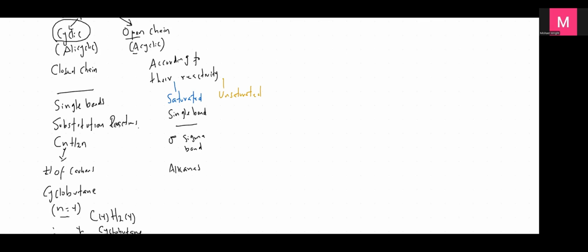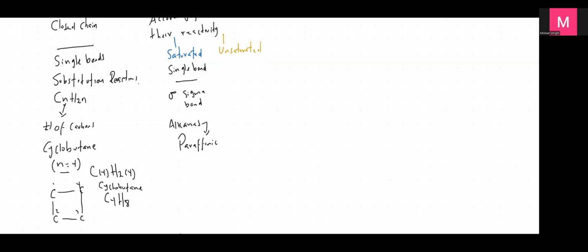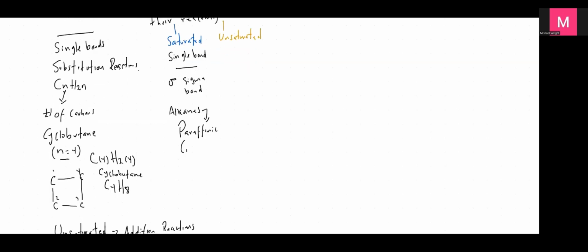They are also called paraffinic, because they are inert. I mean, they have slow reactions. Our general formula is going to be almost the same, but with a different +2.